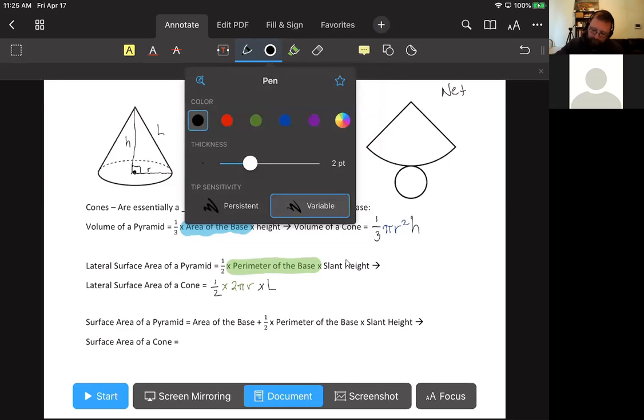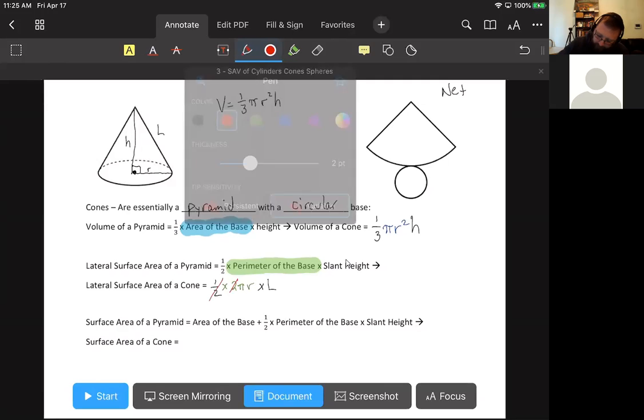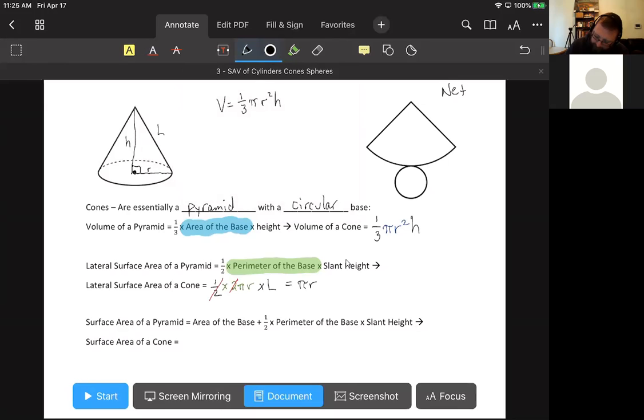Well, if we look at that equation, the 2 and the 1/2 cancel each other out, and we're left with pi times the radius times the slant height. So the lateral surface area of any cone is pi times the radius times the slant height, L.